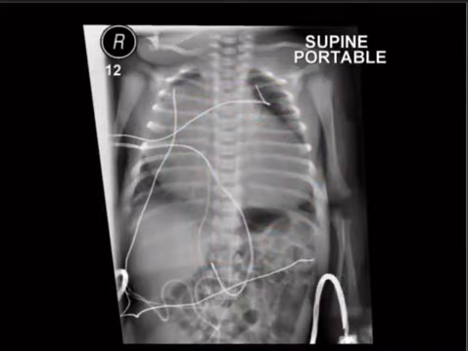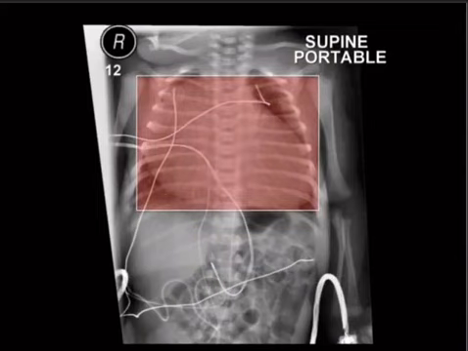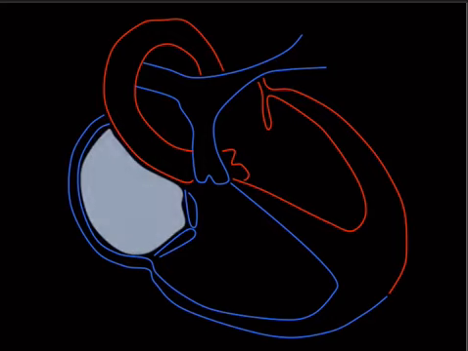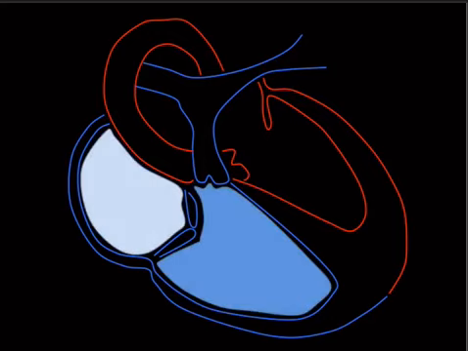All right, next case. Some people will call this a wall-to-wall heart or a box-shaped heart. You probably know that this is Ebstein's anomaly. So this is a normal situation here, where you've got a right atrium and a right ventricle. Tricuspid valve is normal.